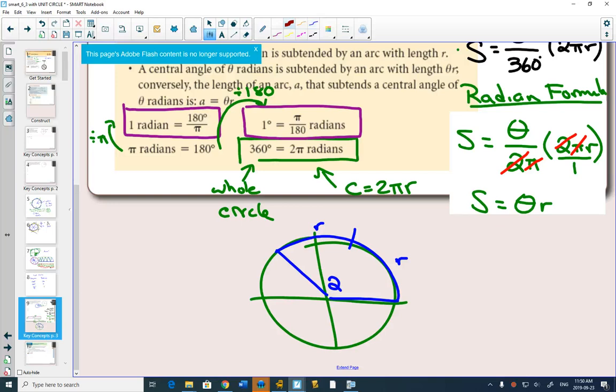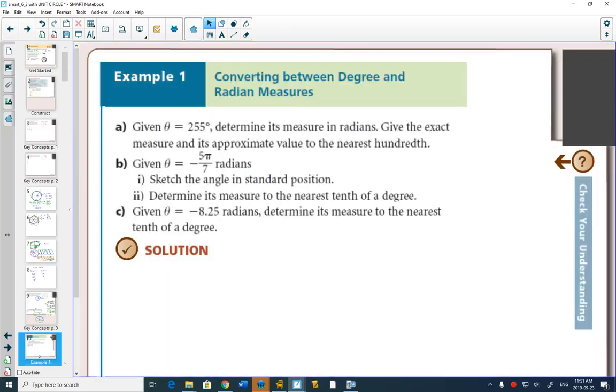And so the very first formula on your formula sheet, before the sine squared plus cos squared equals 1, is your arc length formula in radians. And you don't get the formula in degrees, although I think after we did 6.2, it's really easy to figure that formula out. So now with this idea of radians, and we have a connection between radians and degrees, we can go to our first question.